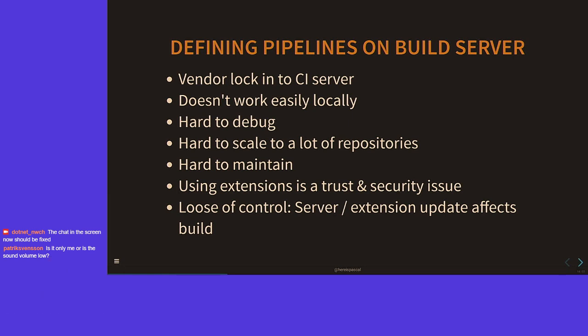And finally, often this includes that you use some kind of extensions. There's a whole lot of extensions out there. There are marketplaces with pre-built tasks which you can just drop into your build pipeline, and everything is done, except that this is a huge trust and security issue, which I'm sometimes surprised how easily people take.